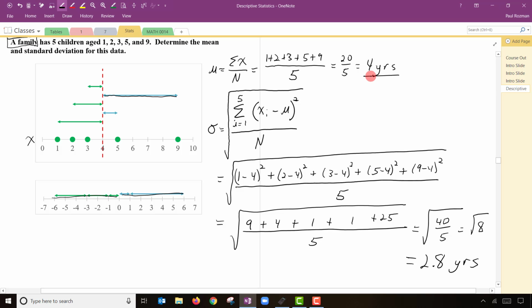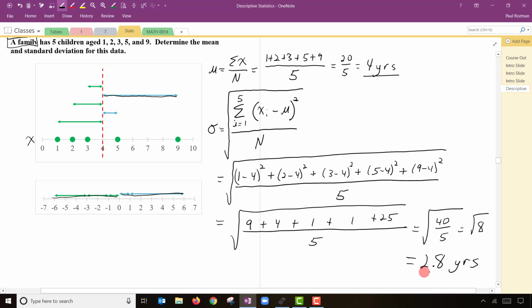Well, you'd probably guess it's around 4 years old, because that's the average, even though none of the kids are 4. And it's hard to predict how old they are because the standard deviation is 3 years. The average distance away from 4 years is almost 3 years. So there's a pretty wide range of possibilities, which makes this hard to pick.